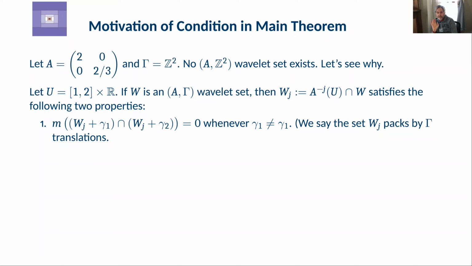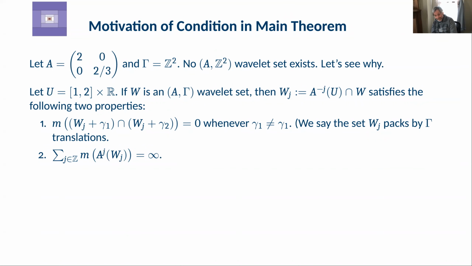That's because they are subsets of a wavelet set, right? If I translate the whole wavelet set, I get disjoint translations. So if I take a subset, I also get disjoint translations. So this should be clear, and I will say that these sets pack by translations.